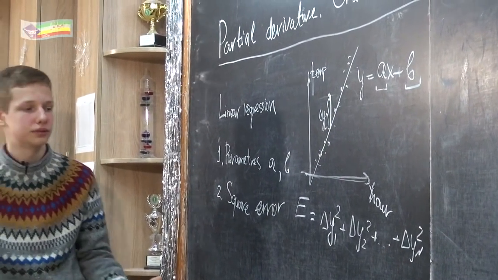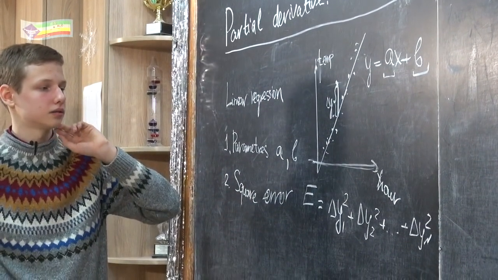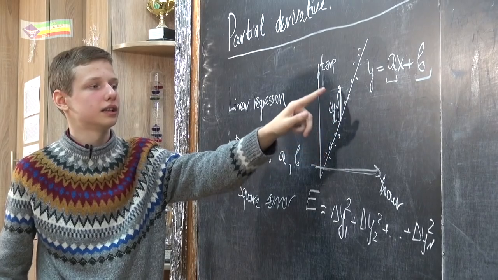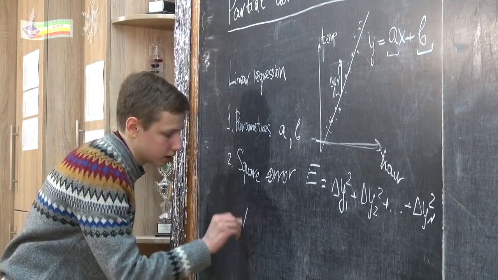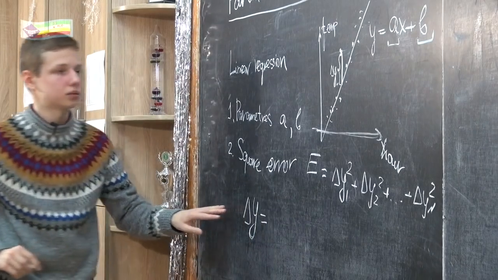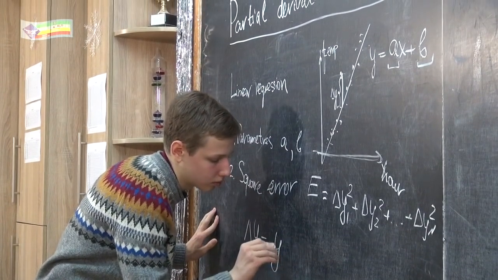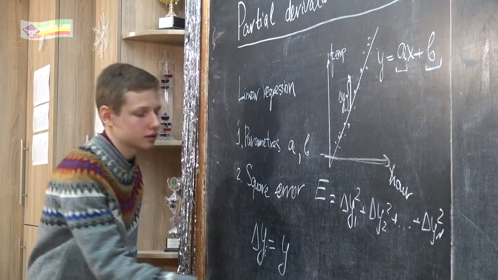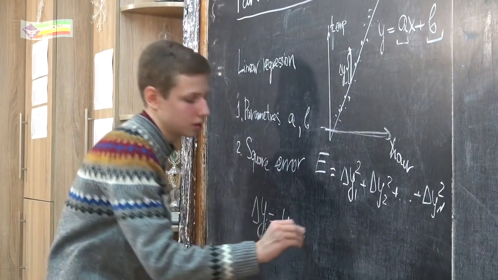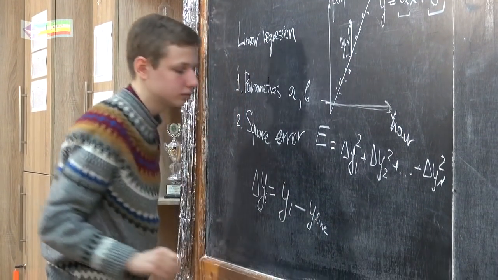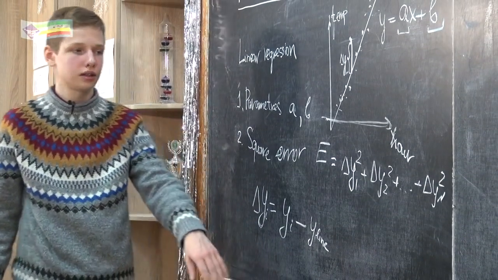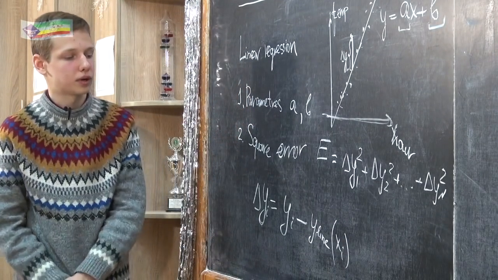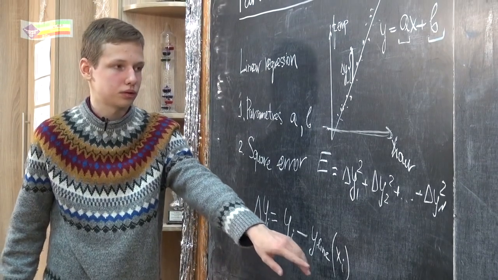And finally, how to define these offsets, because we've defined them as the difference of the y coordinate of a line and a point. It can be easily shown that delta y for, for example, the ith point is equal to that expression. So we are just subtracting the y of the line at the point where its x coordinate is equal to the coordinate of the point.